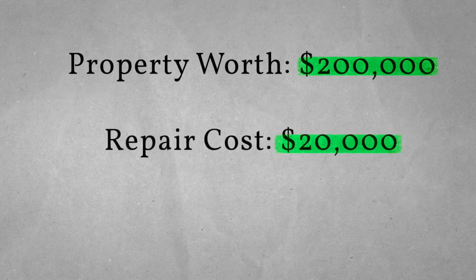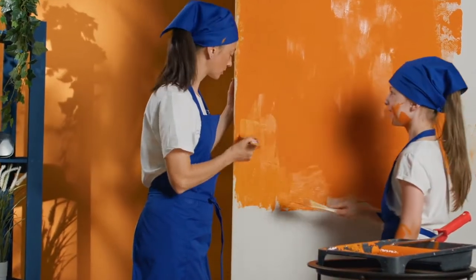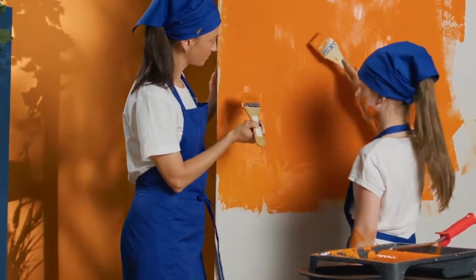Then at the very least, your purchase price should be $180,000, just for simple math, right? So if your rehab is going to cost you a lot, then you want to reduce your purchase price so that you don't go over your ARV. That's just my preference, but I know there are people who are okay with overpaying. So you've got to check your objective and what makes sense for you.